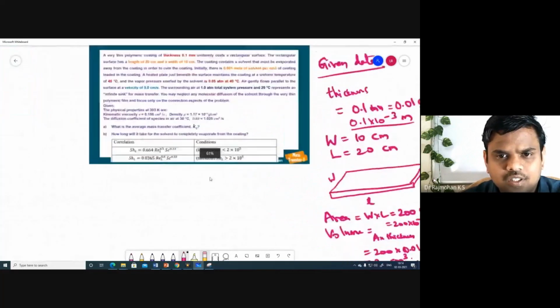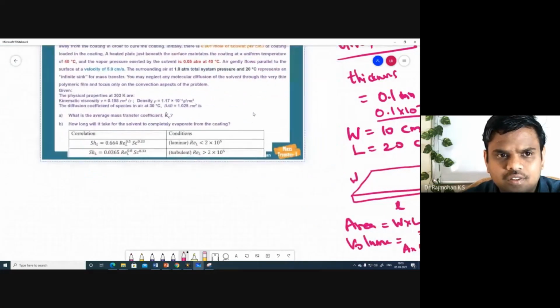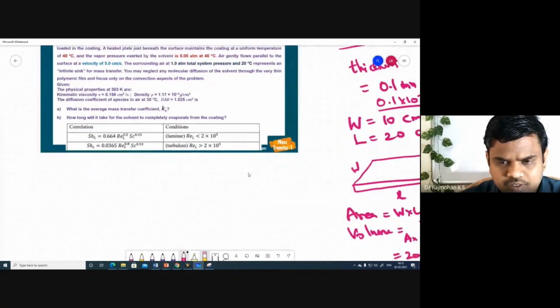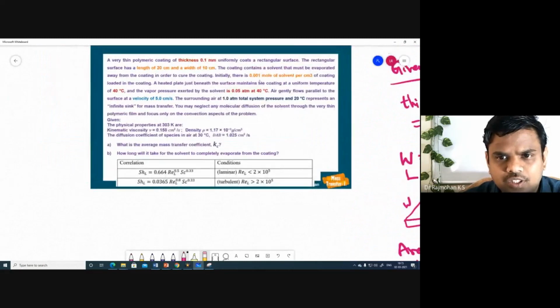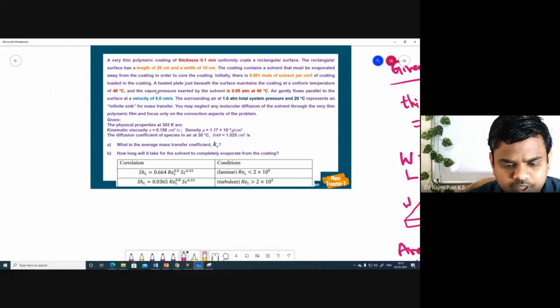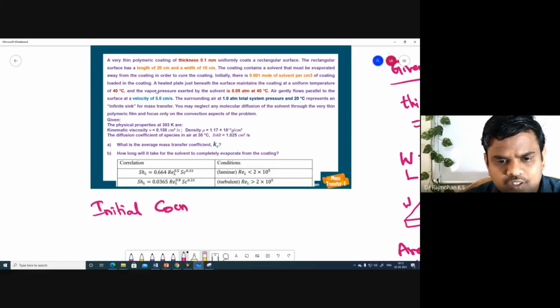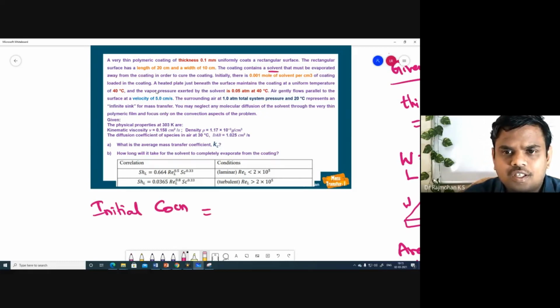And what else is given? The concentrations are given. You can see that 0.001 moles of solvent per centimeter cube of coating is loaded in the coating. So that is the initial concentration of the solvent.